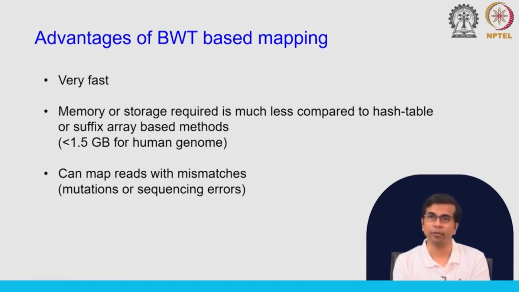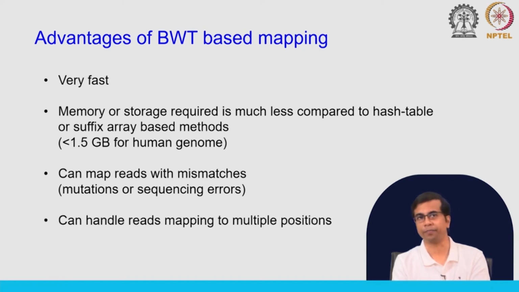You do not want to discard these reads, and you can also set thresholds for how many mismatches you would allow. And if you have reads that map to multiple positions or repeat sequences, this method can handle them without any problem. It will find all those positions and report them in the final results.